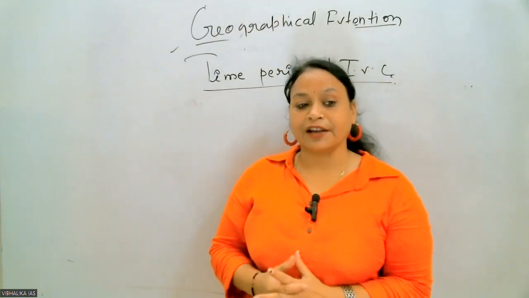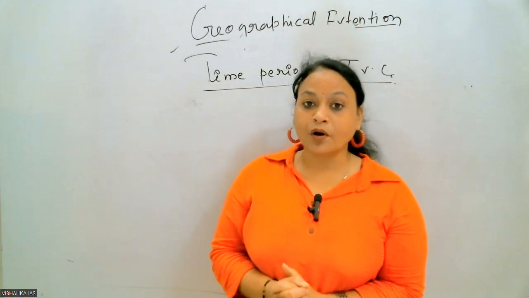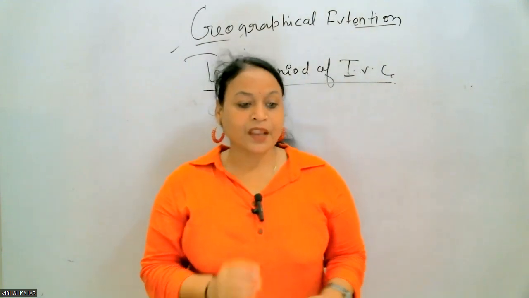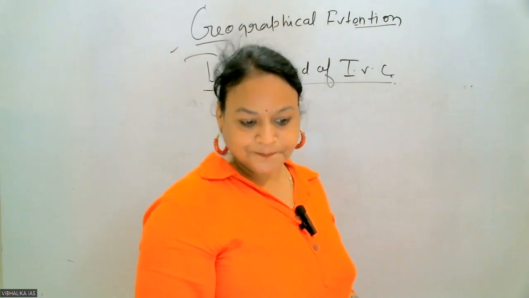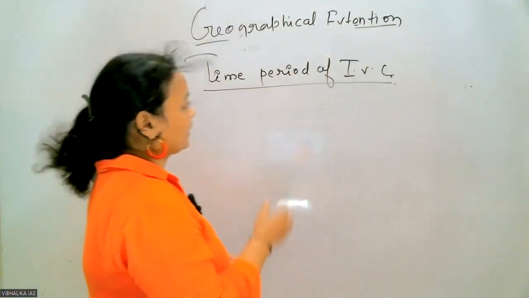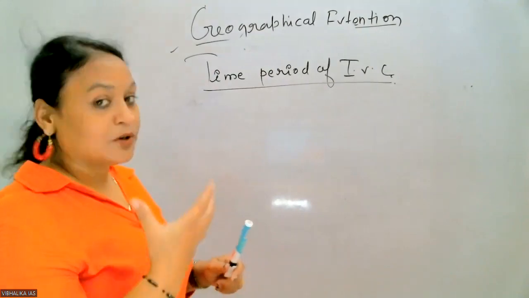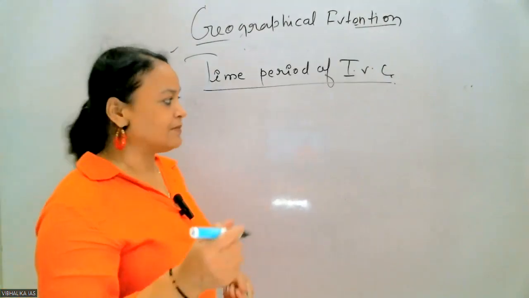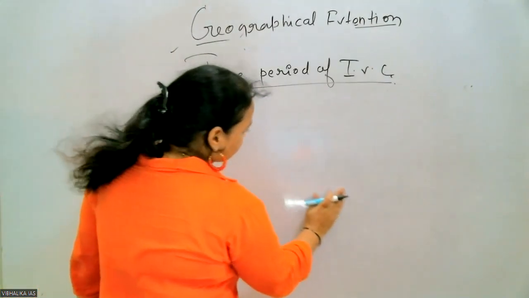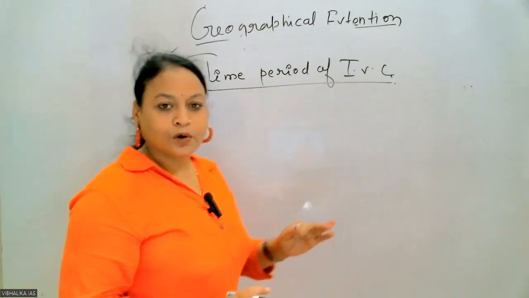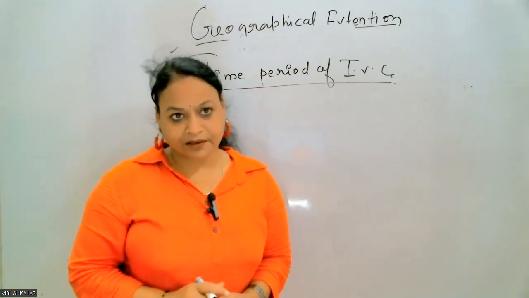But what is the final answer and what will you consider? I want to tell you one thing. When we talk about the time period of the Indus Valley civilization, students, we need not go into the controversy about what the time period is.